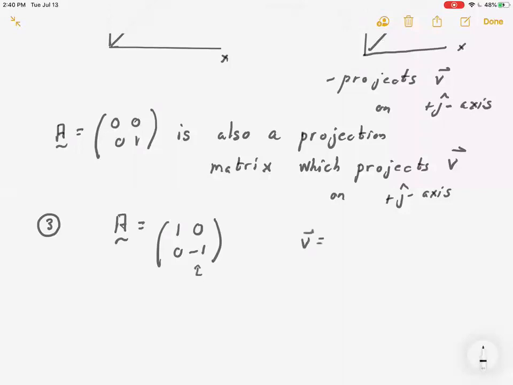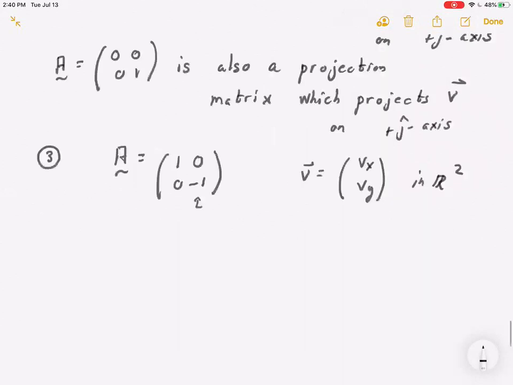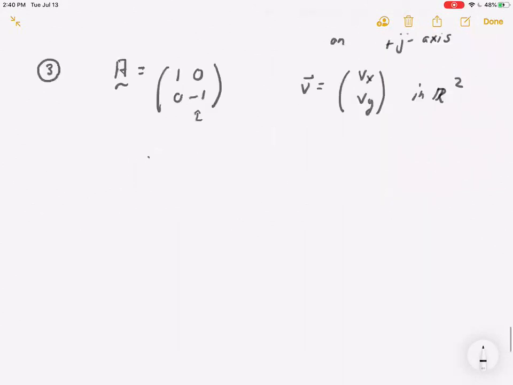And I'm not just going to pick one particular vector in R2. I'm going to pick any vector in R2 and ask, what does this matrix do when it acts on it?